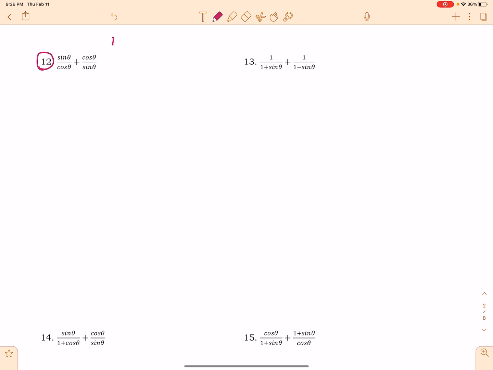So the first thing we're going to focus on here is finding an LCD so that we can combine these fractions. So of course my LCD has to contain both cosine theta and sine theta. So I am going to rewrite my problem here.